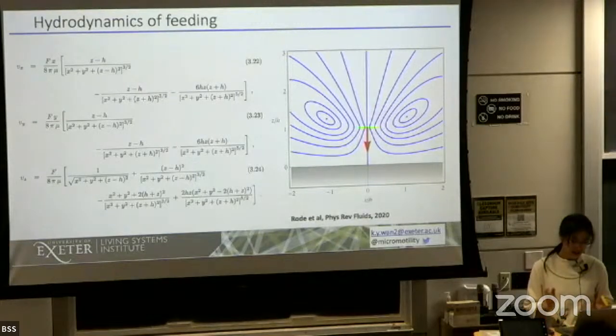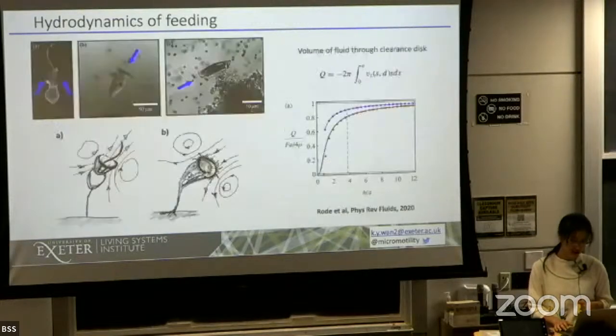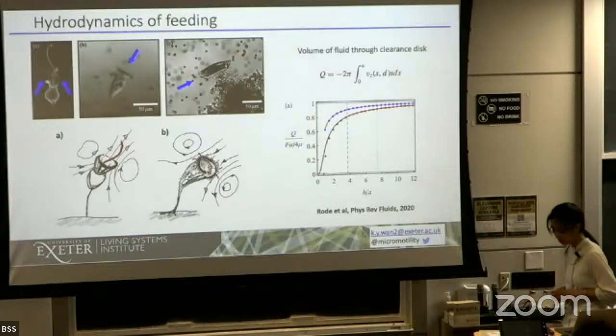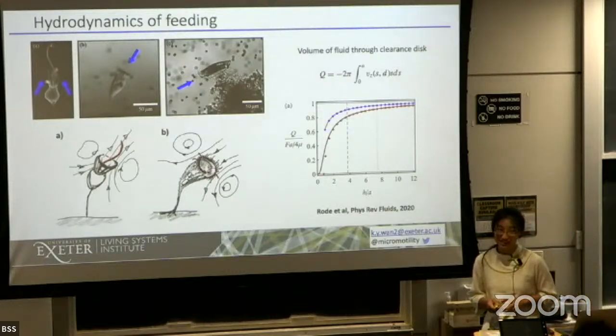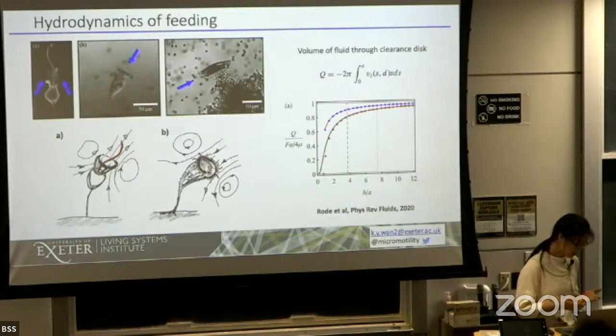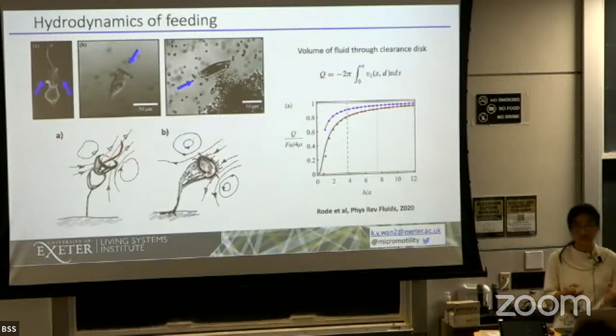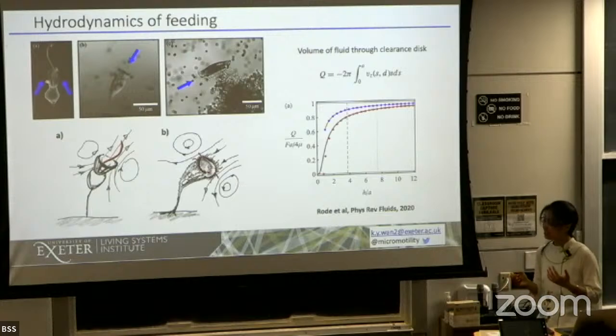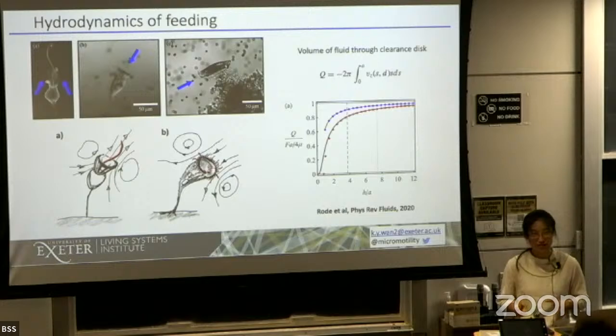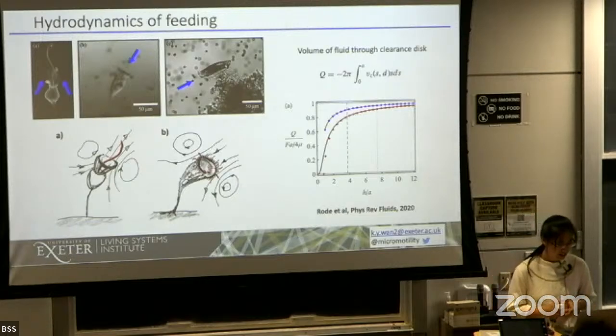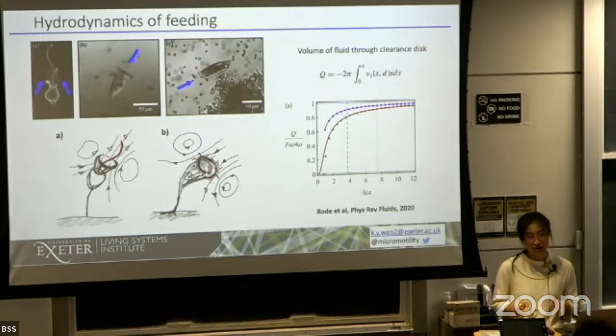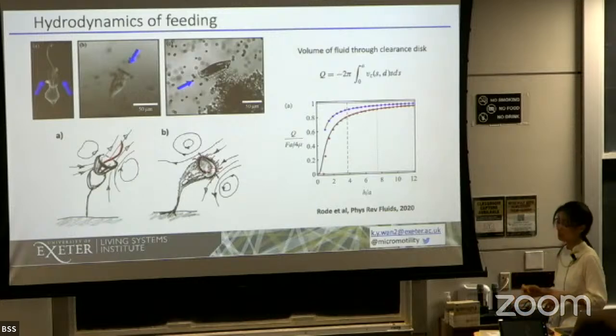What this actually means for organisms is quite interesting, because in different species, and this is no longer about swimming, you find different configurations of these cilia that generate completely different flow profiles. These are typically used for feeding purposes.